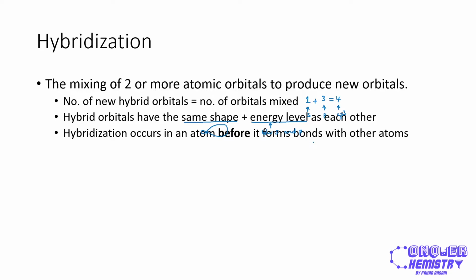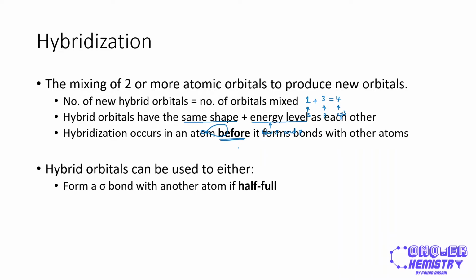And over here it says hybridization occurs in an atom before it forms bonds with other atoms, right? So once hybridization has occurred and new hybrid orbitals have been made, it will form those sigma bonds that we saw. Hybrid orbitals can be used to form a sigma bond with another atom if they're half full.